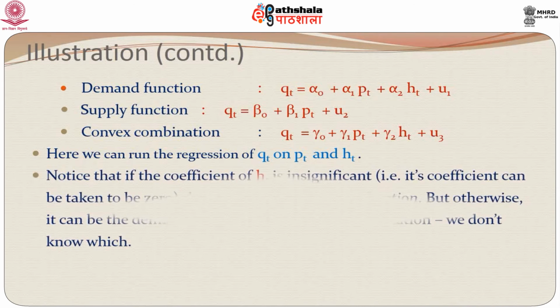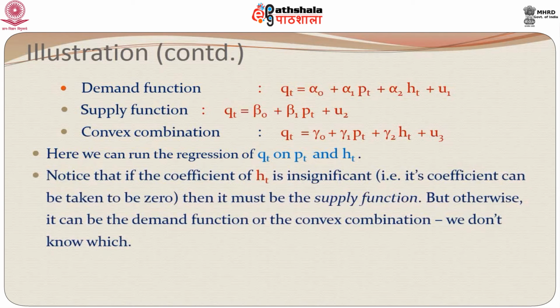In this case, if the coefficient of H is insignificant, that is, if the coefficient turns out to be near about 0, then we can say that it is the supply function, because the supply function does not have H, which really means that it has an H with a 0 coefficient.